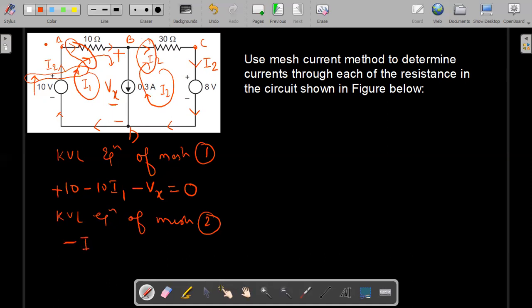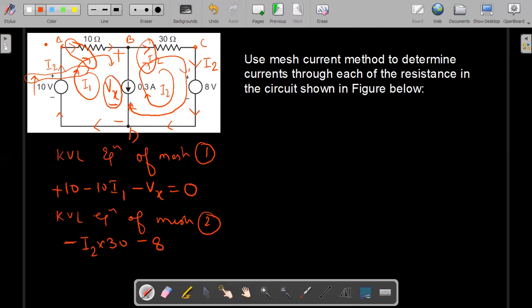Minus I2 into 30. Then this same current is entering the positive terminal of the battery and leaving from the negative terminal. So it is minus, and then we have this. Now here, Vx is the voltage across this current source.